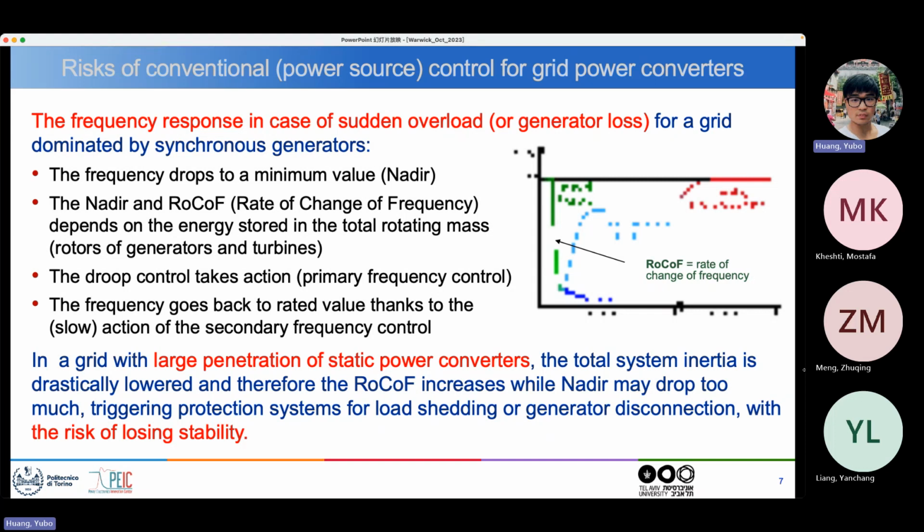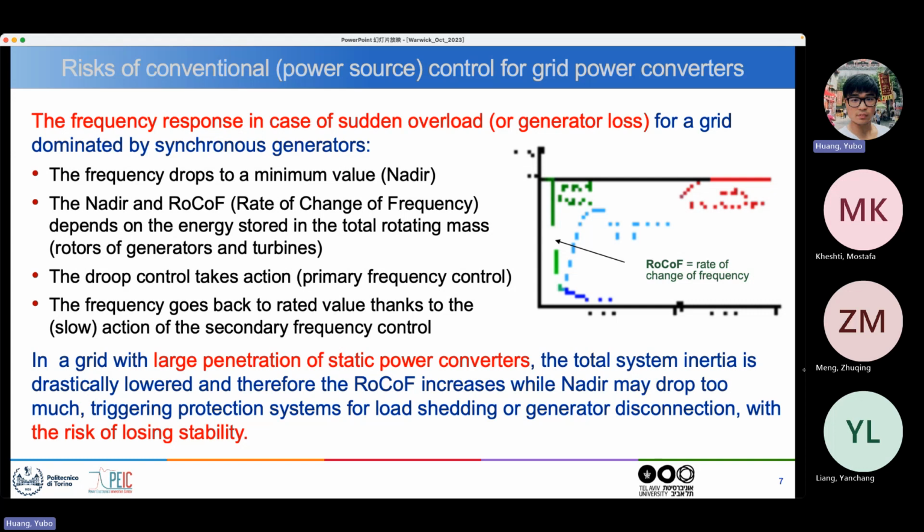So the idea is that if you have a fault of a generator or a sudden increase of consumption, which is less likely, but it would be the same effect, then the frequency, this axis is meant to be the frequency, the frequency of the grid goes down, it reaches the so-called nadir, and then it goes back, it has some damped oscillations, it goes back to a level which is lower than the initial level, and then later, due to an effect which is called secondary control, which I have not discussed, but you know what it is, it will eventually go back to the original frequency.